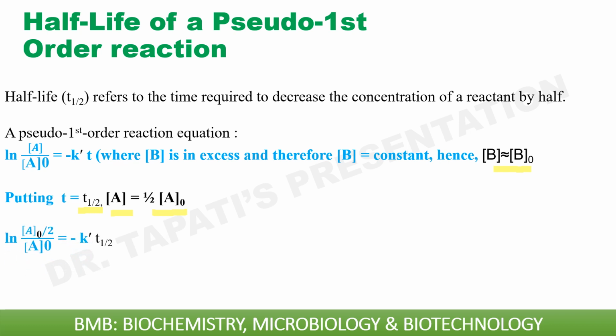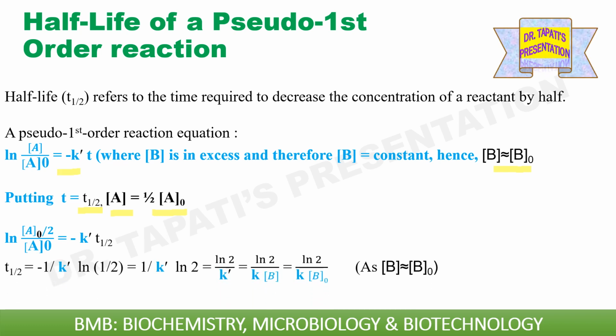So we can write ln A0 by 2 divided by A0, that is equal to minus K prime t half. We are putting A equal to half A0 and t equal to t half in the equation of the pseudo-first order reaction.